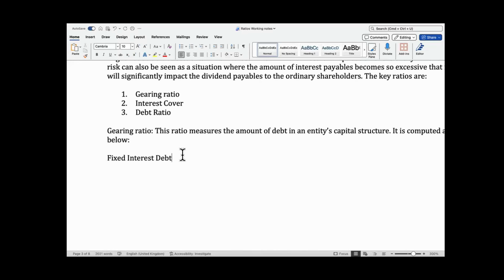When I say fixed interest debt, I'm sure you know that these are debts on which you pay fixed interest, like 10% loan notes, stuff like that. All upon fixed interest debt plus equity, of course, times 100.